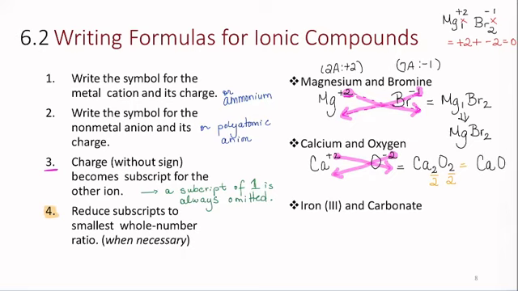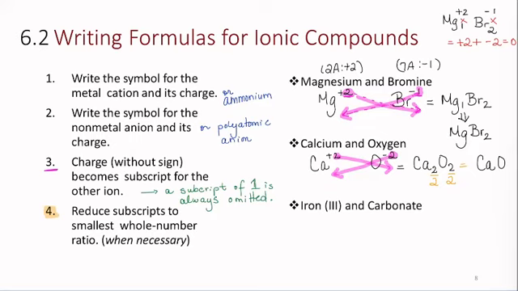CaO. If you don't want to bother with the division, understand that if your cation and your anion have opposite equal charges, -1 and +1, +2 and -2, like in this example, or +3 and -3, then all you have to do as the final answer is just write the symbols of the elements.